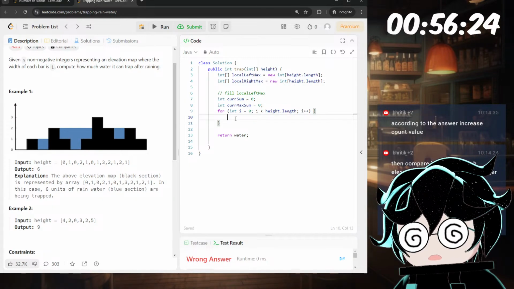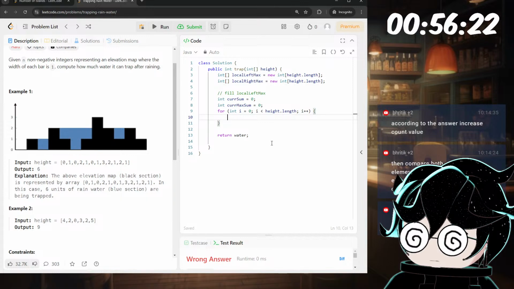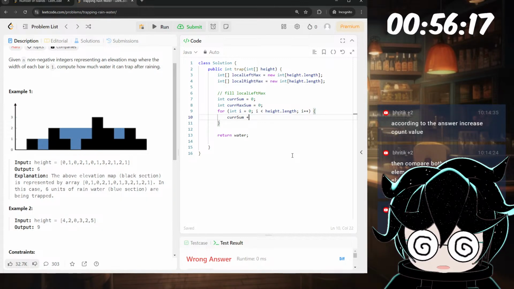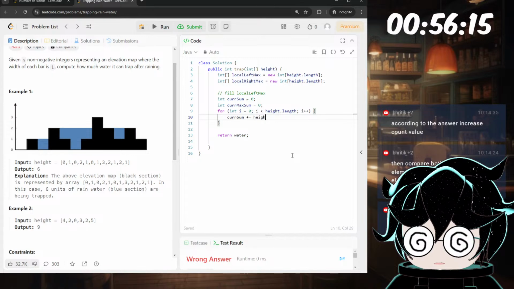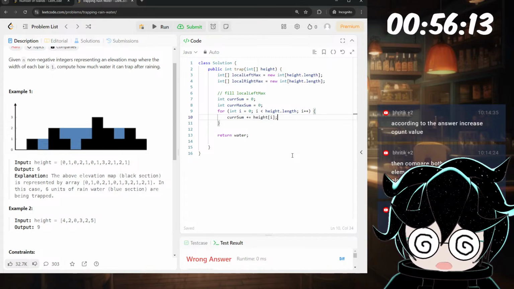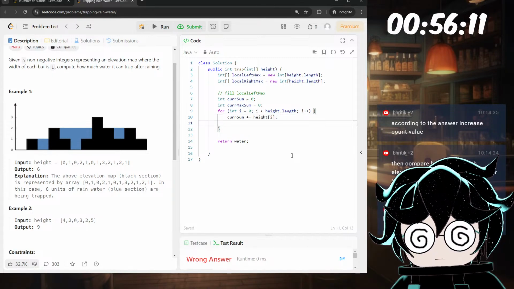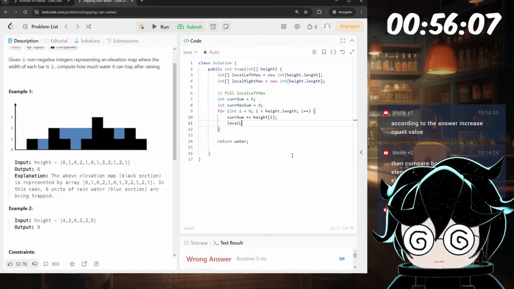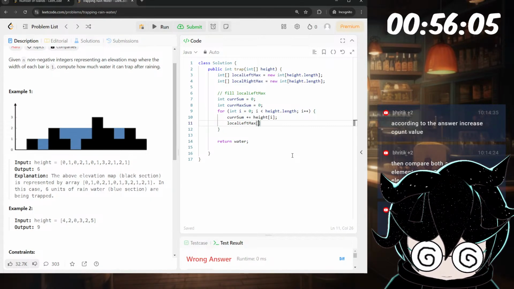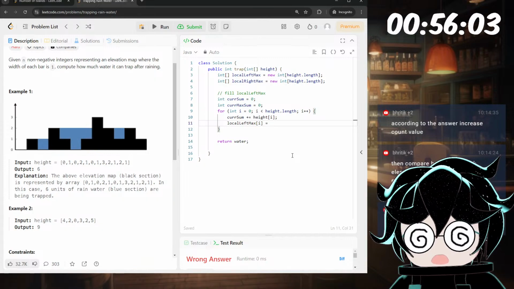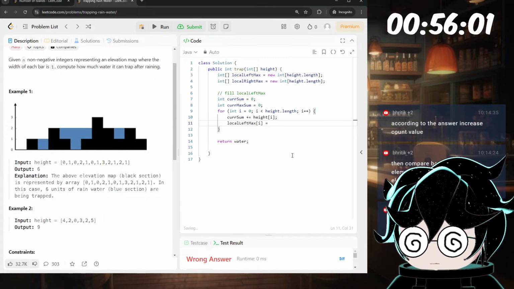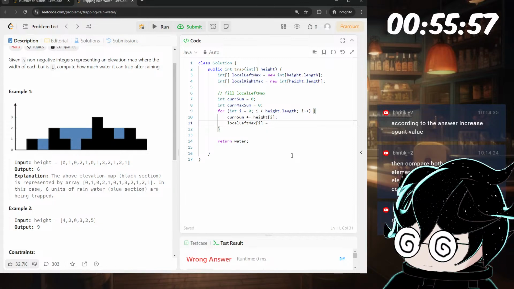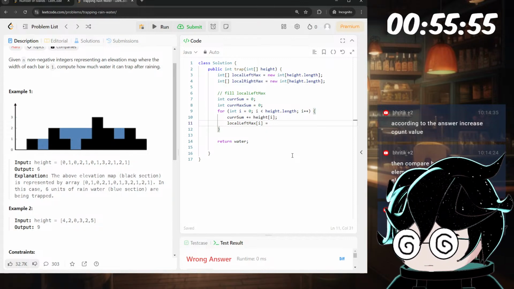So here, current sum plus equals height i. That's my current sum. Local left max i is equal to, to what?